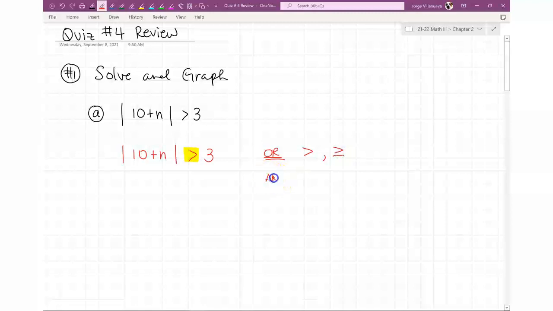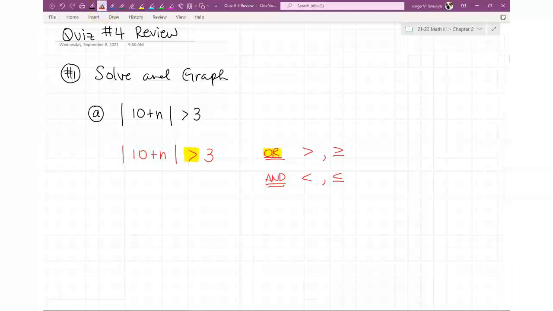And an and is if they point to the left. So this is an or problem based on what I see, which means when I graph it, it should be going in two different directions.